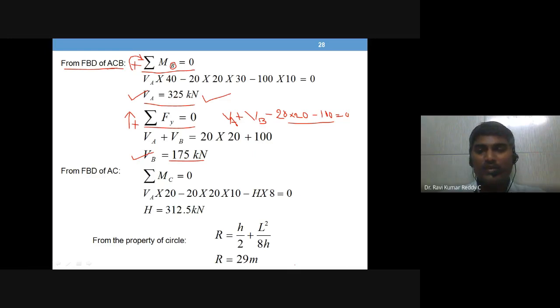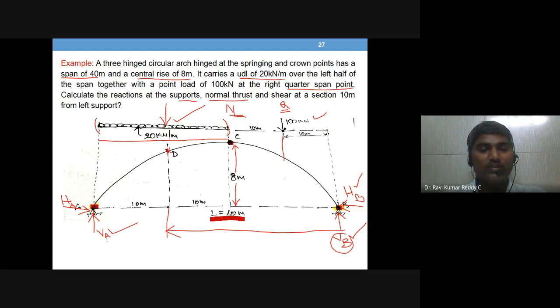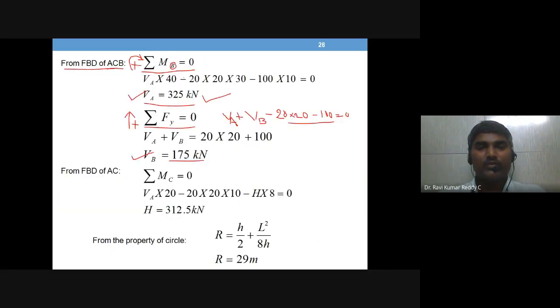Then moving on, because we are still left with two more unknowns, which are HA and HB, external reactions, I mean to say. So we have found the VA value, which is 325, whereas the VB value is just 175. So 325 and 175.